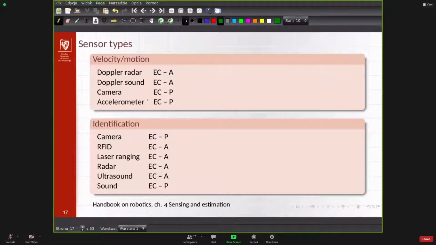So I hope it's clear. Maybe if you would like to hear about some type of sensors a little bit more, we can return to it at the end, after these next lectures about the proximity sensors and the vision. Maybe some others also you would like to hear how they work. So please just let me know.